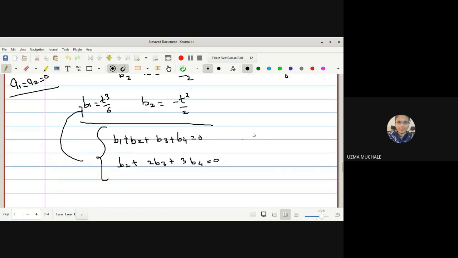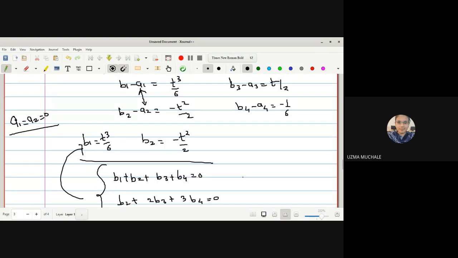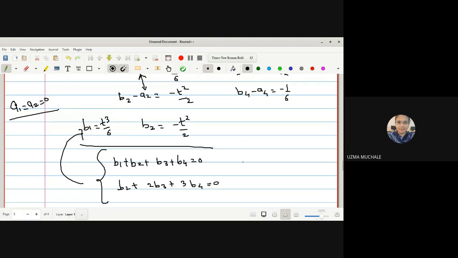Okay, getting the value of B3 and B4. B4 is t cube upon 3 minus t square upon 2.